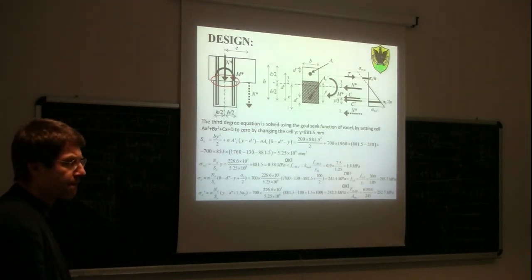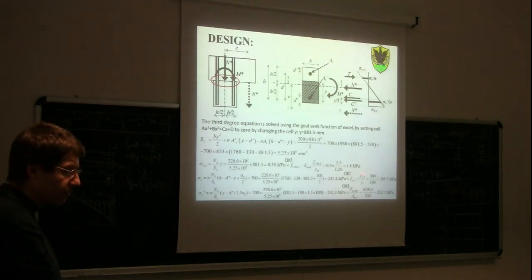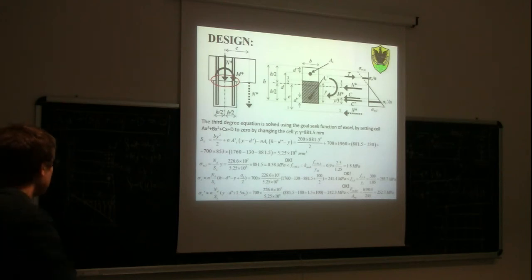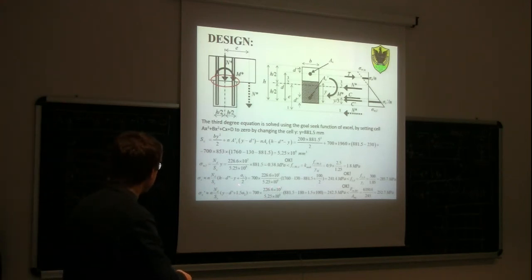Well, as usual, we need to do the ratio between the stress demand and the stress capacity. So here, demand 0.38, capacity 1.8. The ratio would be 1.6. If we do a ratio between the demand in the tensile rods, 141, and the capacity, 185, this would be 5.6.